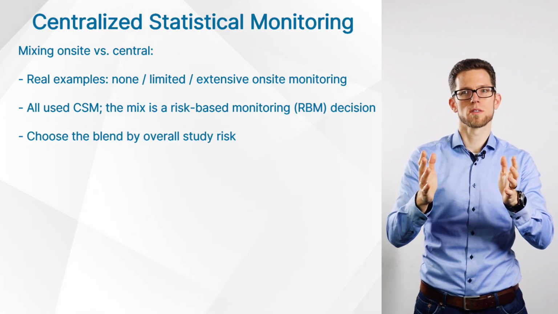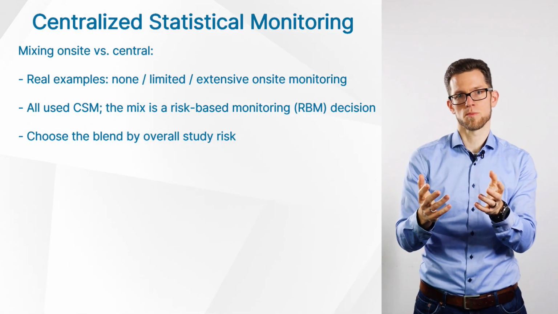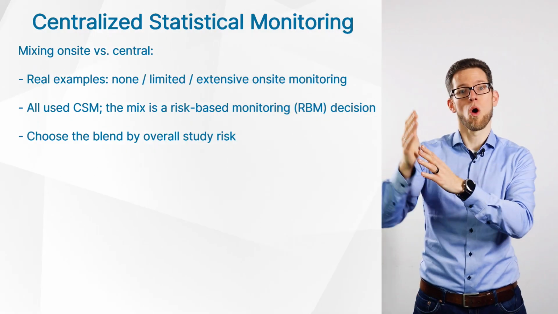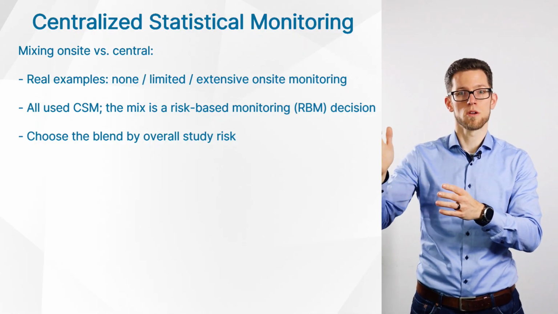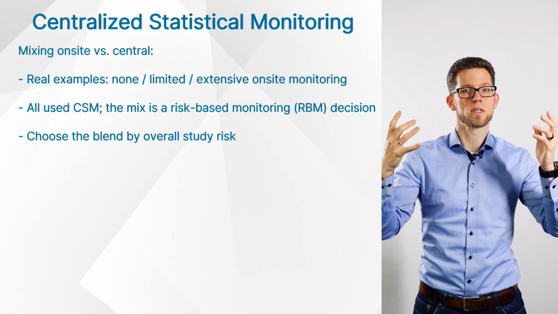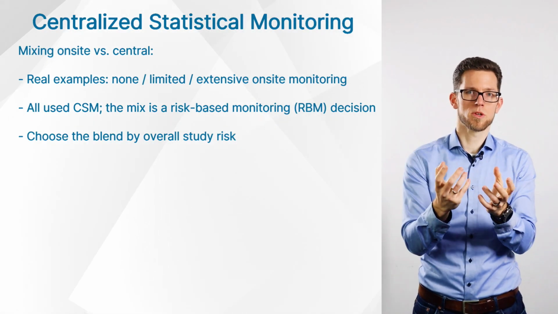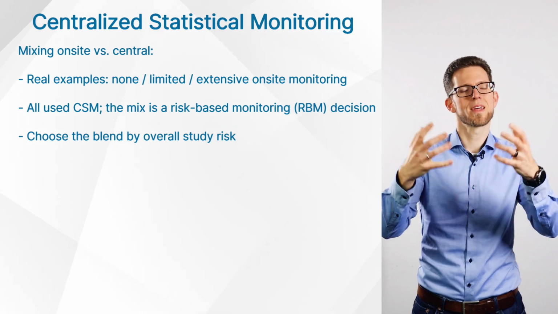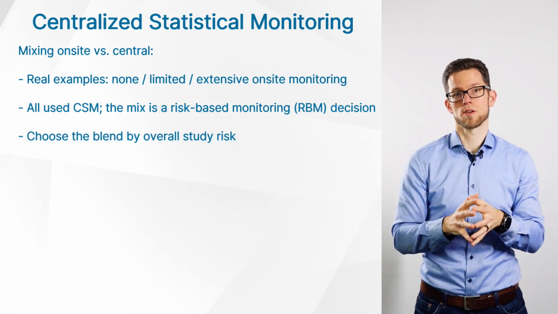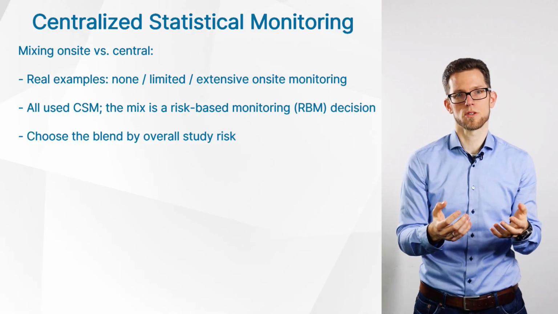We have run trials in which we did limited on-site monitoring, and we have run trials in which we did a lot of on-site monitoring, all with the same degree of utilization of centralized statistical monitoring. So it comes down to the risk-based monitoring approach that you choose, and that really depends on the overall risk associated with conducting your clinical trial or clinical investigation.